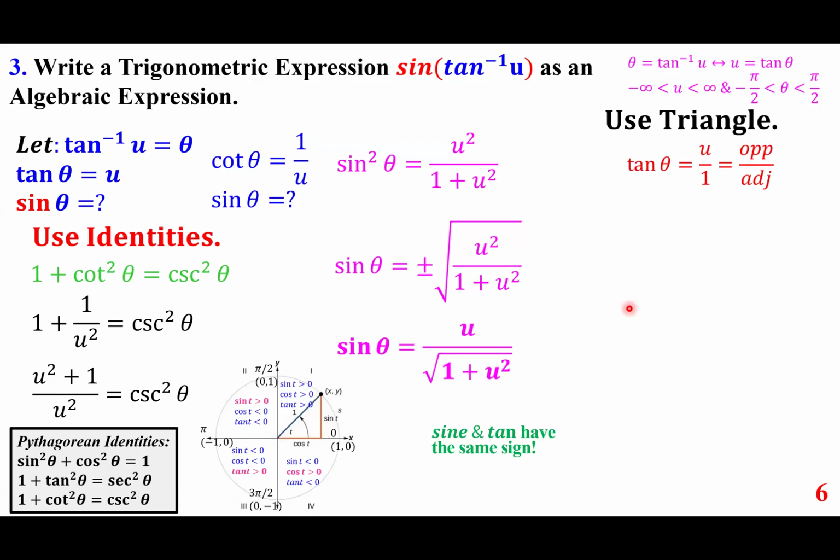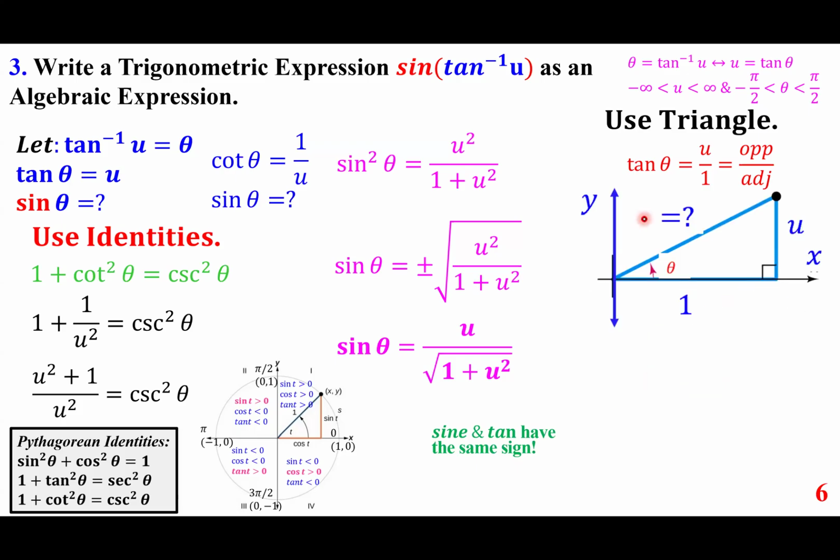So you draw a triangle, the angle is theta, the opposite is u, the adjacent is 1, and we don't know this side. We can easily find the hypotenuse using Pythagorean theorem, the square root of 1 squared plus u squared. 1 squared is 1, u squared remains as u squared.